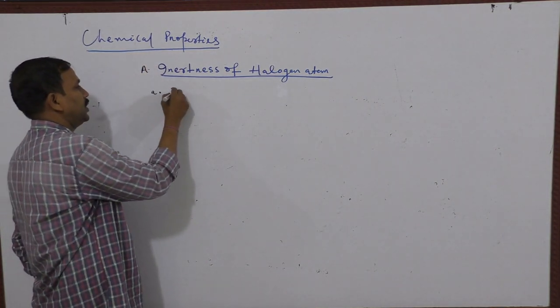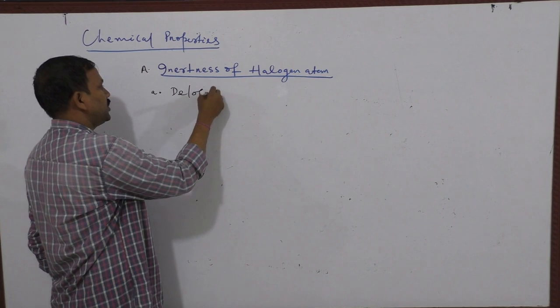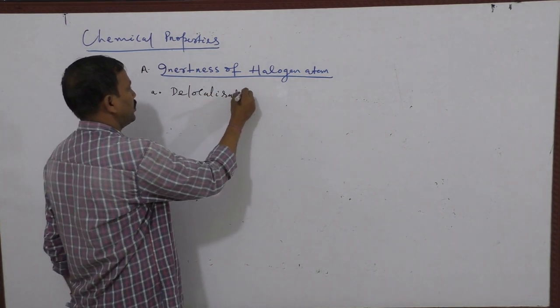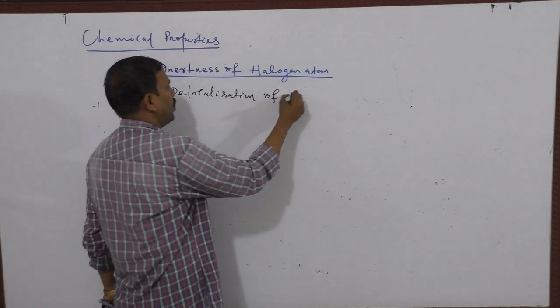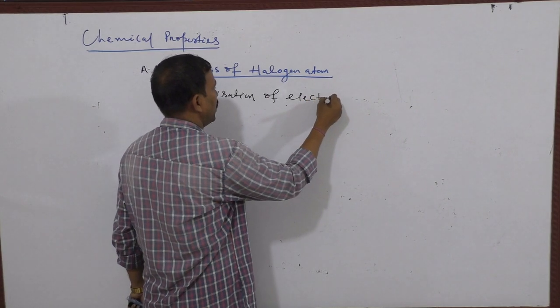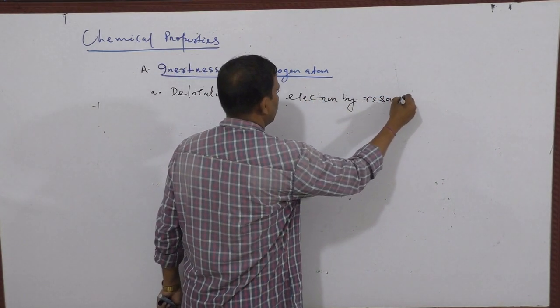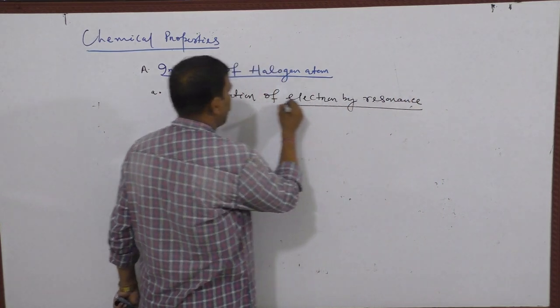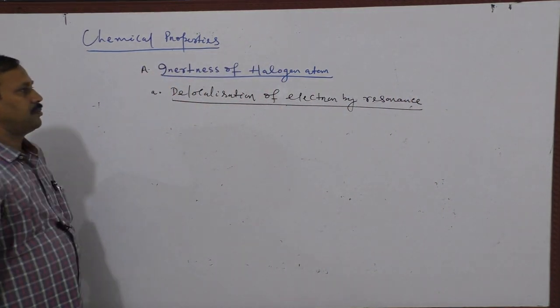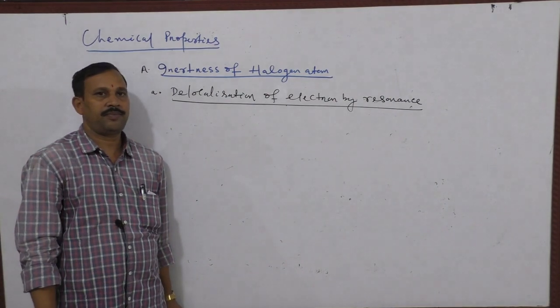First one is delocalization of electrons by resonance. Second one is the bond energy explanation.